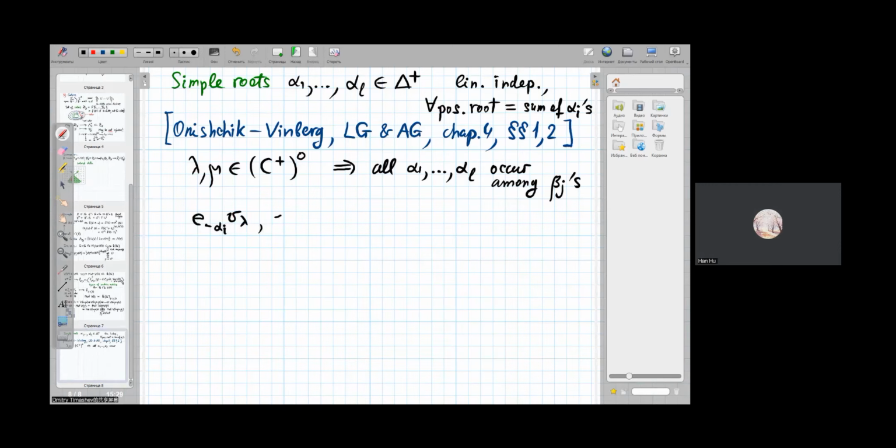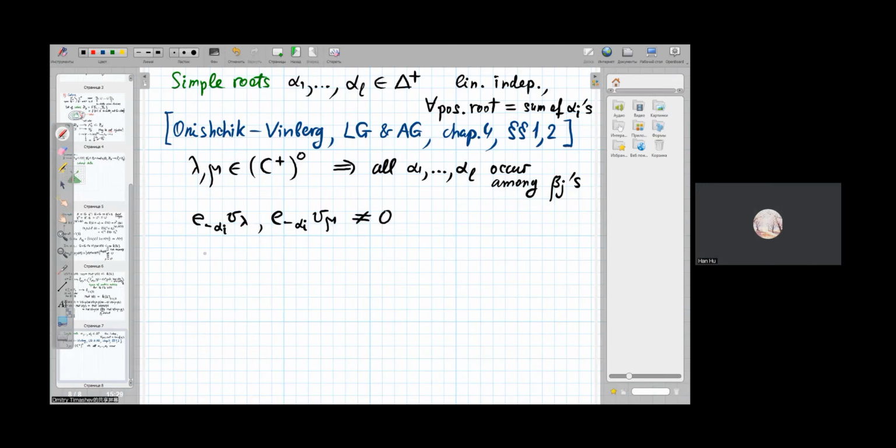And also apply the same root vector to the highest weight vector in the second irreducible G-module, V of mu. And if lambda and mu are in the interior of the Weyl chamber, then both these vectors are non-zero.